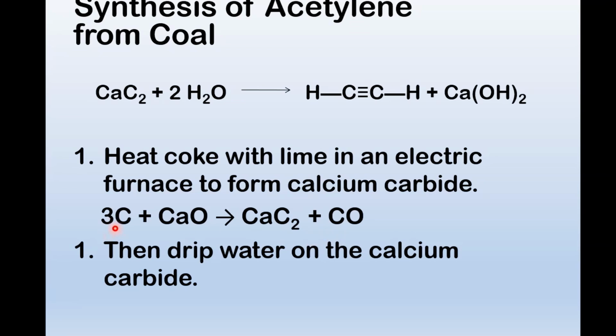So this is almost like coal. If you go to the health food store and get activated carbon, like charcoal, that's what coke is. And here is lime, which is basic, and you heat this up, you get carbon monoxide, and this here is called calcium carbide. When this reacts with water, you get your acetylene.